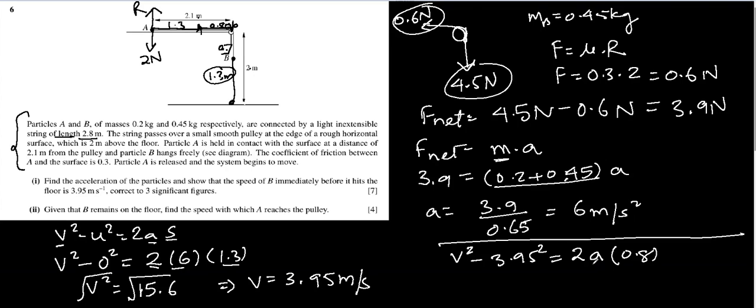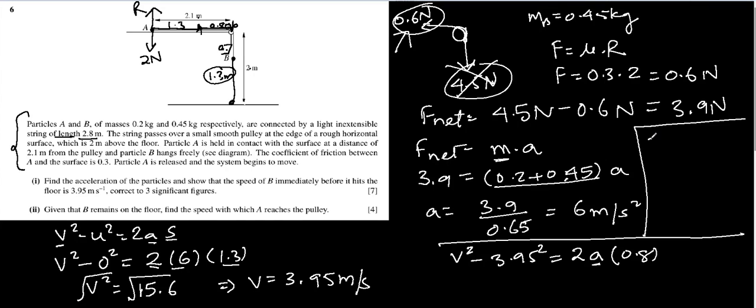Now the problem is we have to find this a. So let's do the same thing we did for the previous one. In this case now only 0.6 Newtons is the one which is stopping the mass A from moving. There is no 4.5 Newtons now.